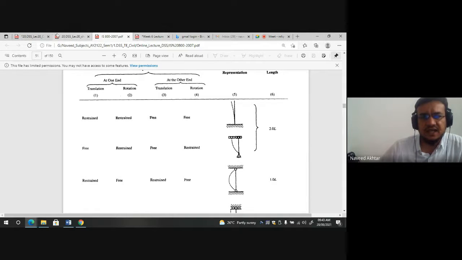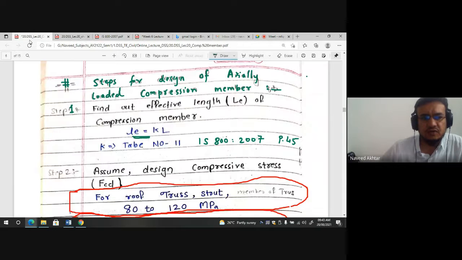Now what is L? L is the unsupported length of your column. Capital L is the unsupported length of your column.